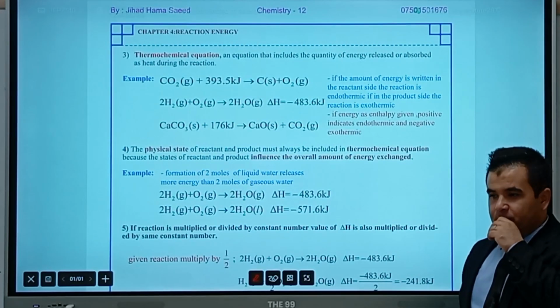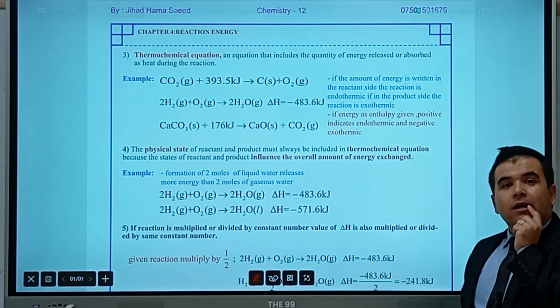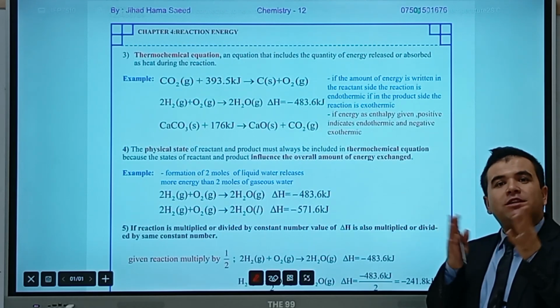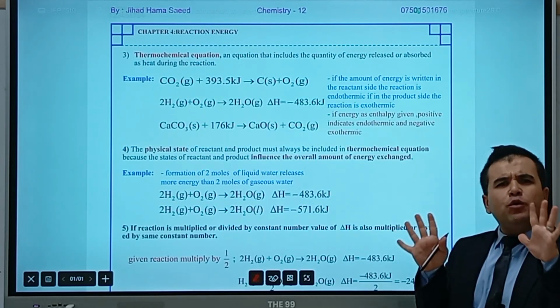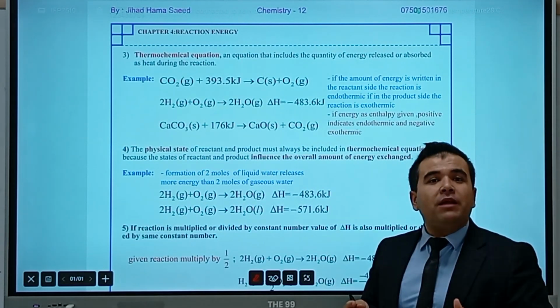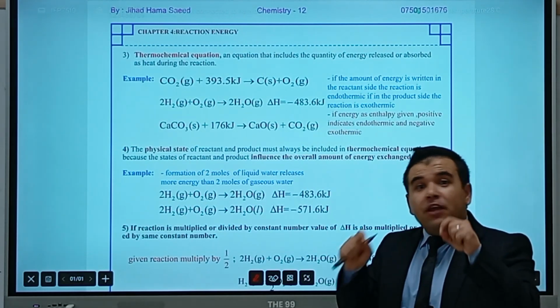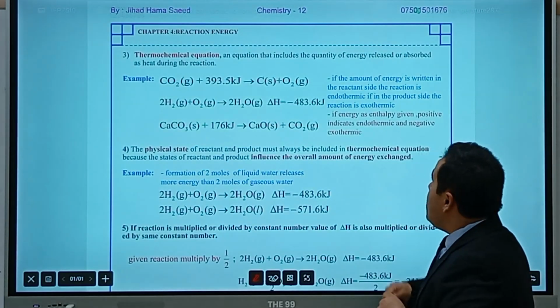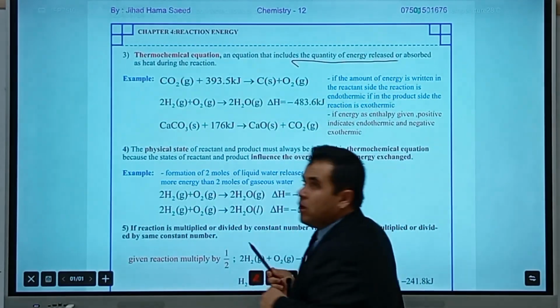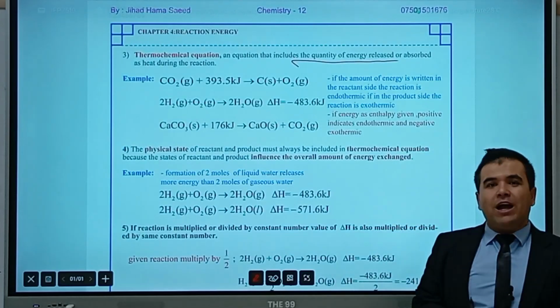Thermochemical equations. Guys, the normal equations, when we write the formula equation, usually do not represent any information about the heat. But what do we mean by the thermochemical equation? In a thermochemical equation, we represent the quantity of energy released or absorbed through a reaction.